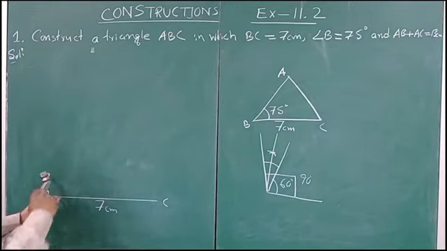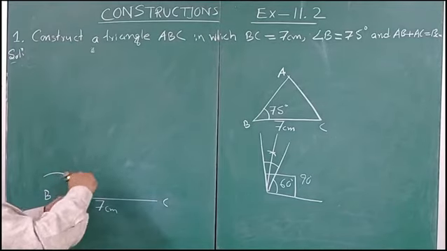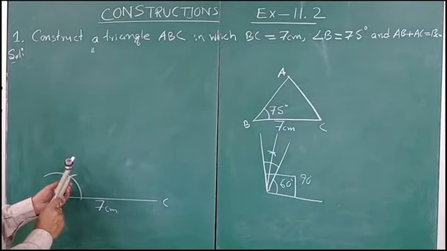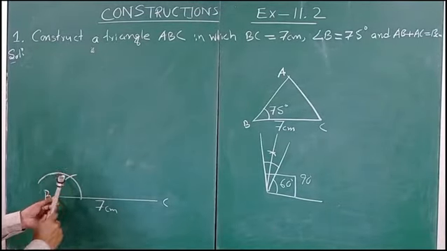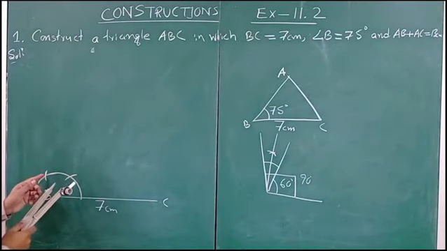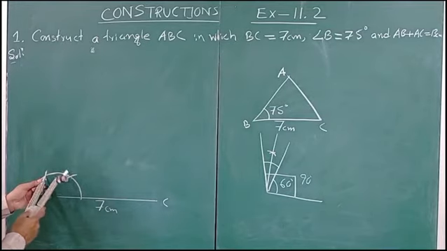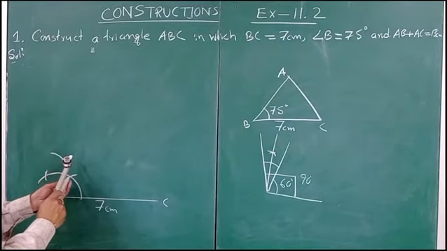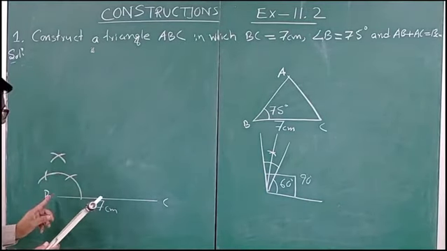At first 60 degrees. This is 60 degrees. Now 90 degrees. We have to extend it a little bit. This is 120 degrees. Now the angle between 120 and 60 is 90 degrees. This is 90 degrees.